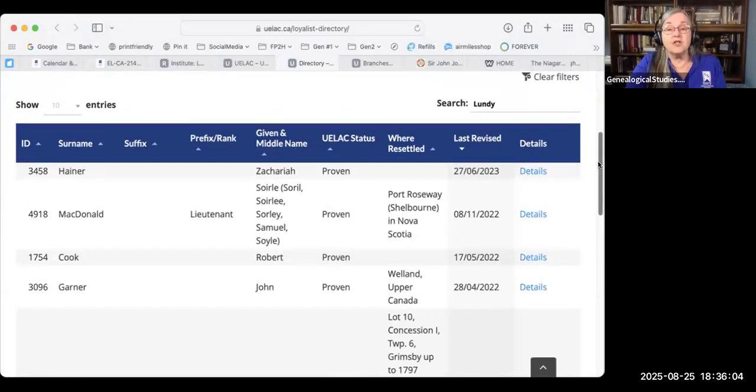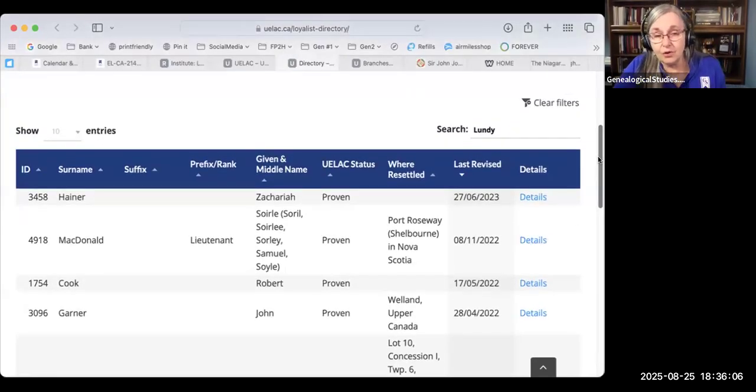Now, this directory is not all the soldiers who could be loyalists. This is the directory of people who have submitted an application in the Lineage Society to prove their lineage back to their soldier.